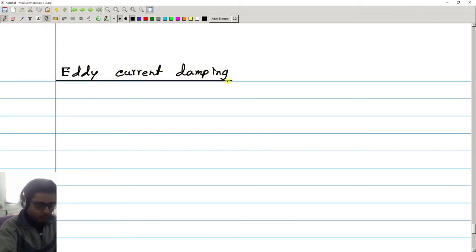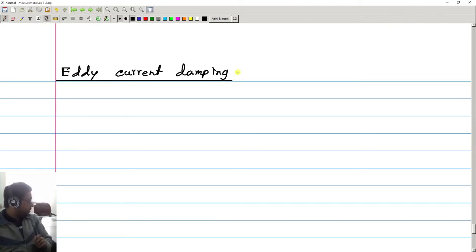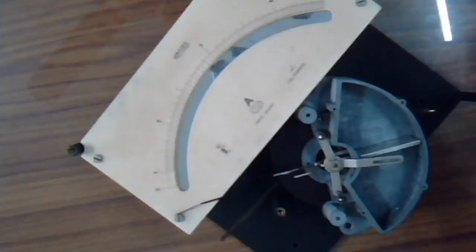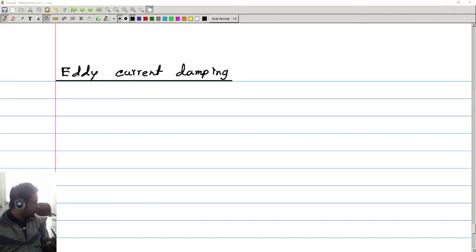We have seen one mechanism of damping, which was aerodynamic damping, to realize damping in measuring instruments. Another mechanism of damping is eddy current damping. Okay, this is like this.